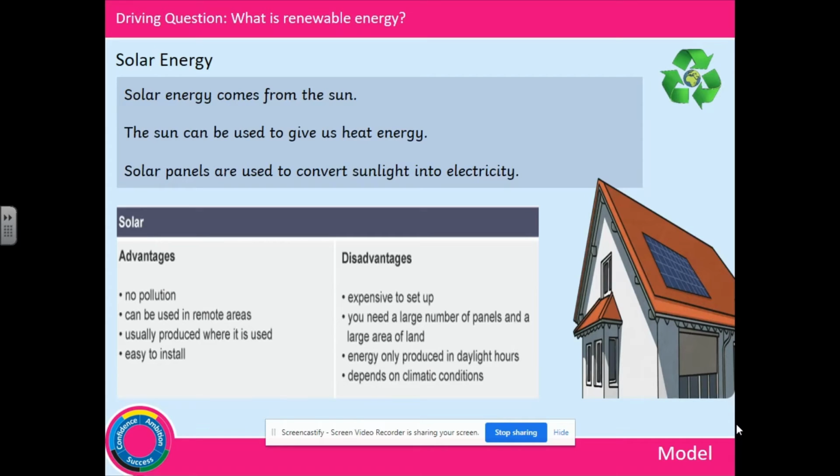You need a large number of panels and a large area of land, such as the ones going to Ashford International. Energy is only produced in daylight hours, so during the night, no energy is harvested. And the last one, it depends on climatic conditions.